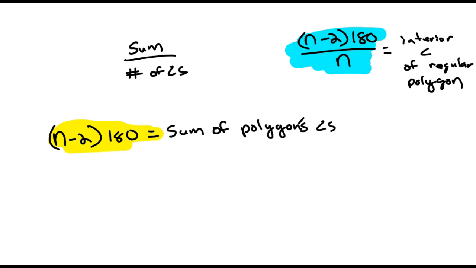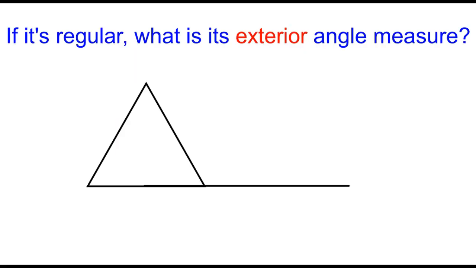Now, let's look at another case. If this figure is regular, what is the exterior angle measure? So think about that. Come up with your answer. Well, I know if it's regular, we just said it a second ago, this angle must be 60. Remember that these two angles here form what kind of angles?